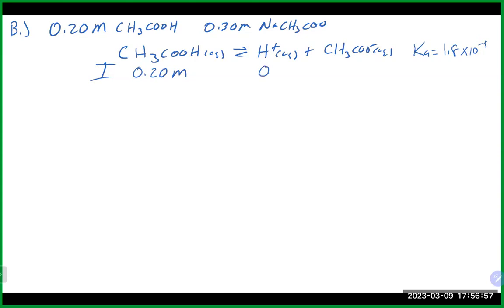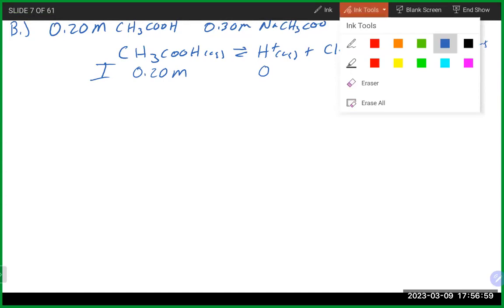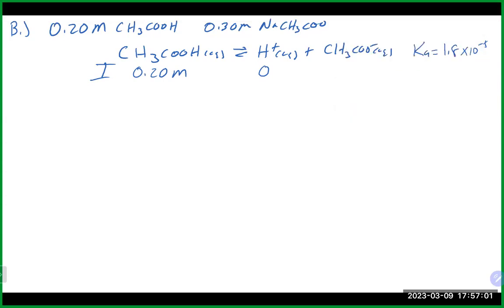Now for the acetate, do we have any there to start with? And the answer is yes, we do. And it's coming from this sodium acetate. So once again, this sodium acetate will break apart into a sodium ion and an acetate ion, which means what makes this ice table a little bit different than the one we just did is we will have an initial concentration there for the acetate.